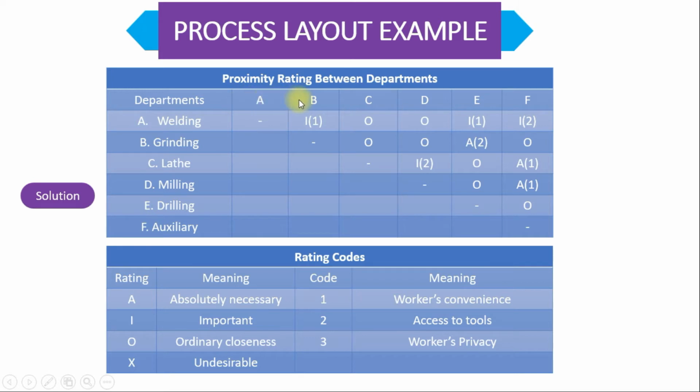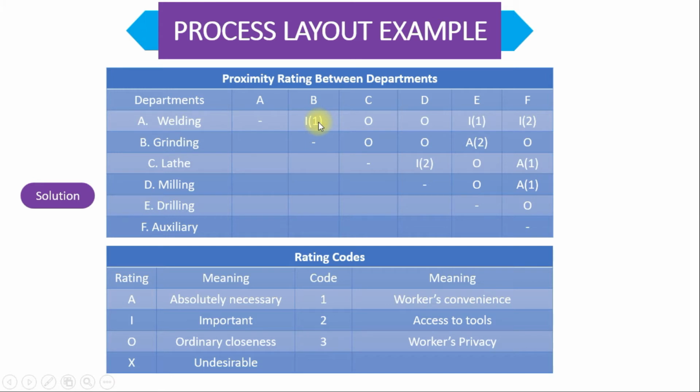So that is what has been written over here, right? Between welding and itself, we have a dash. Then we move on to the next one. Between welding and grinding, the rating is I, important, and it has a code of 1 for workers' convenience. So it is likely that we are going to have workers moving from the welding department to the grinding department.